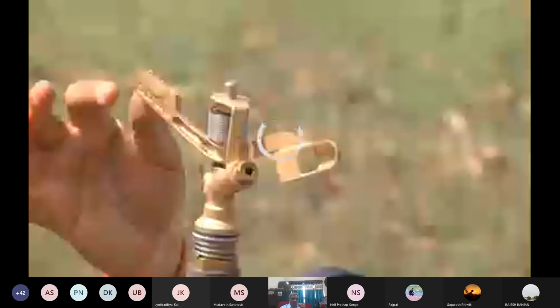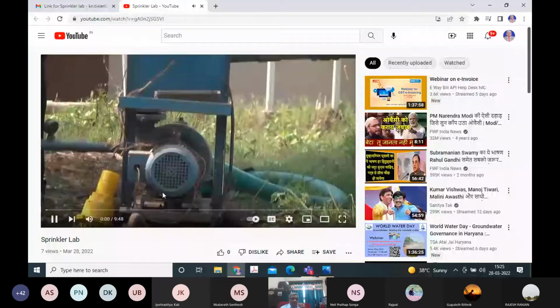At the suction end of the pump, there is a flexible pipeline where the water is being taken. The lower end of the pipeline has a sprinkler head, which is made up of an alloy, and then a torque is created.